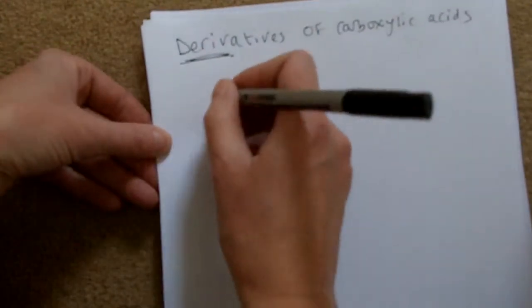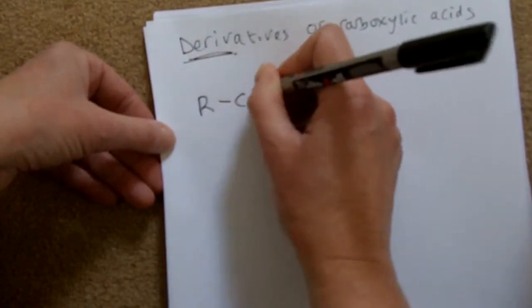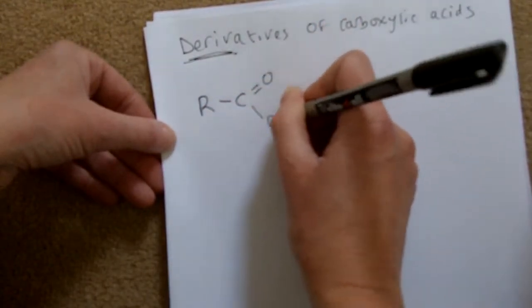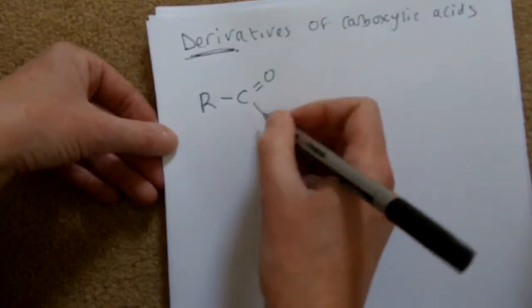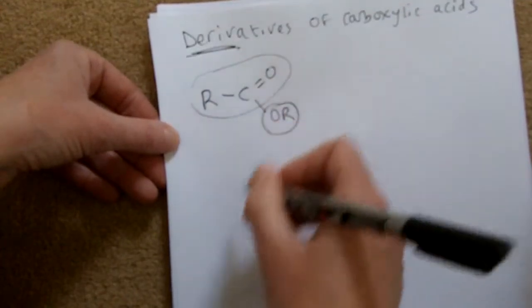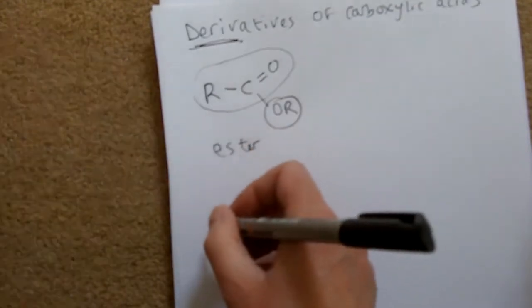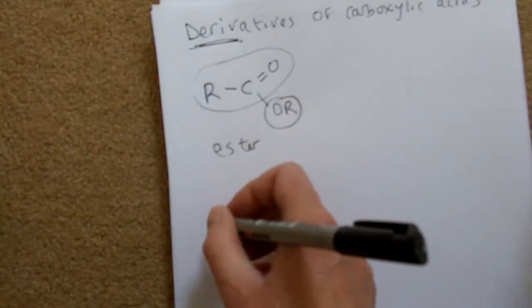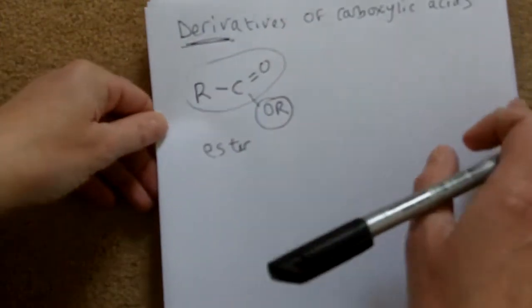So the classic one is that one, which is the ester. Can you see you've got that part there, and then this part here, and that's called an ester. When I'm putting R, that just means carbon, either 1 carbon, 2 carbons, 3 carbons, that's what R means.